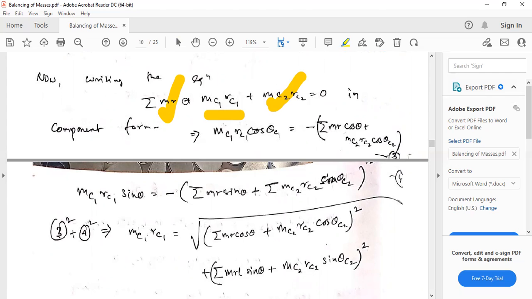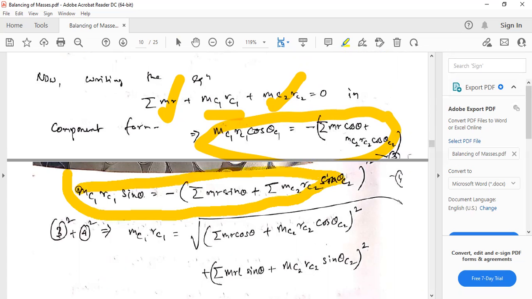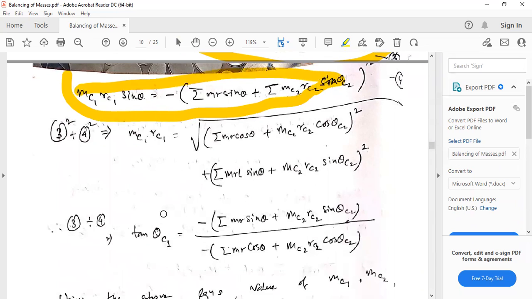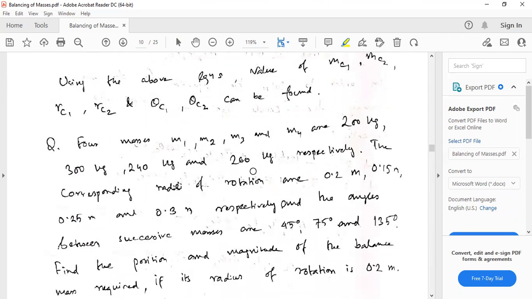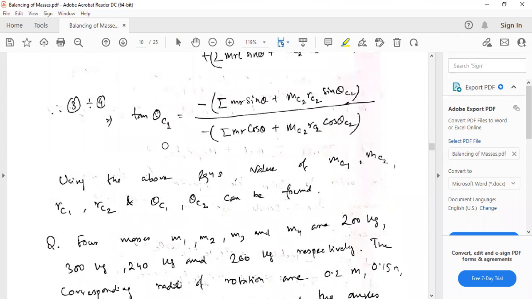These are the horizontal components, multiplied by cos theta c2. This equation is for the horizontal component and this is for the vertical component. By squaring and adding them, we can find mc1 rc1, and we can find the angle tan theta c1 also. So we can use these equations to solve the numerical.